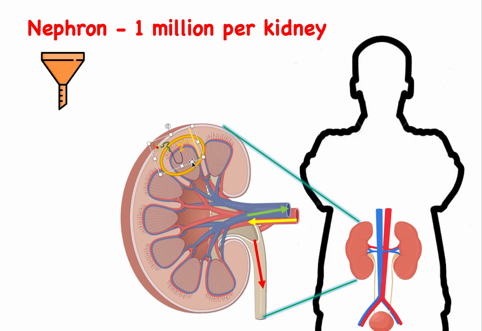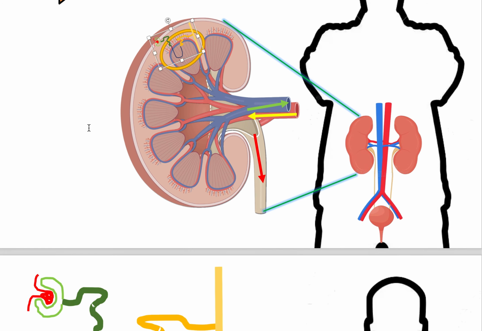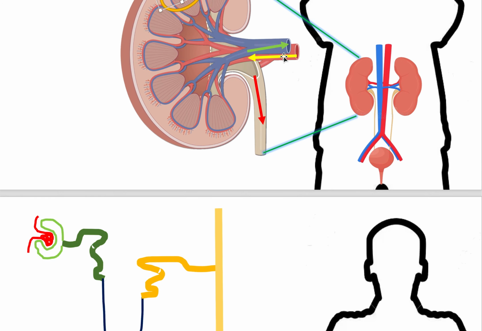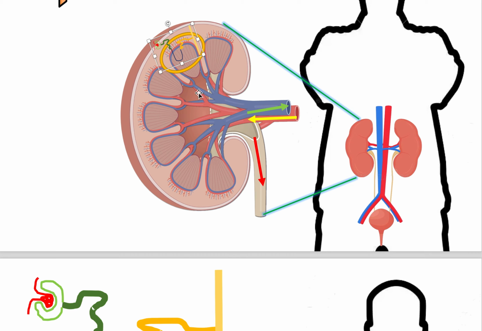So what structures do we need to know about this little thing called the nephron? We're going to zoom in even more into this little nephron. Let me show you. We know this artery, right? It comes in through here and it branches very, very tiny with all the unfiltered blood, until it's so small.